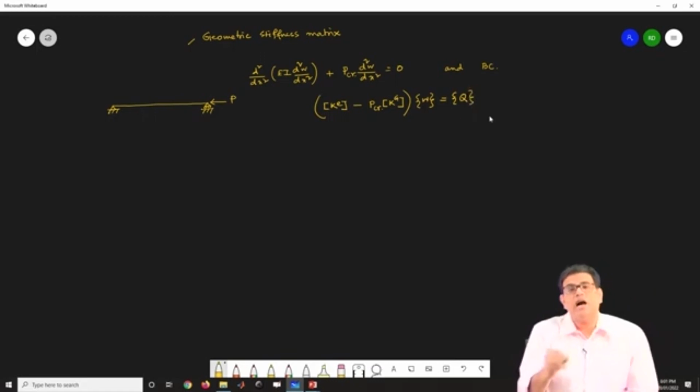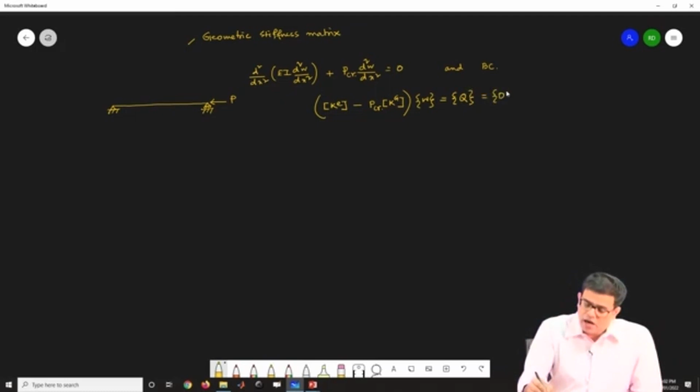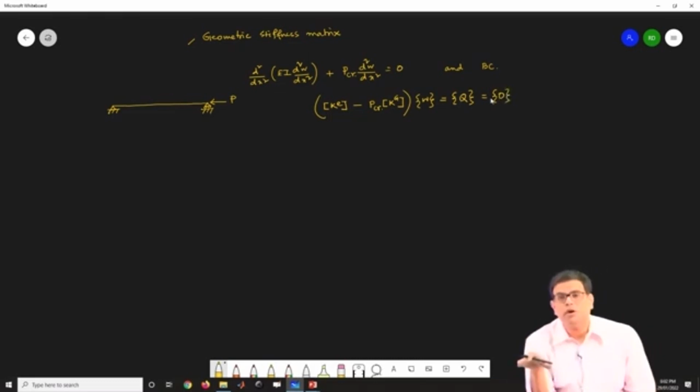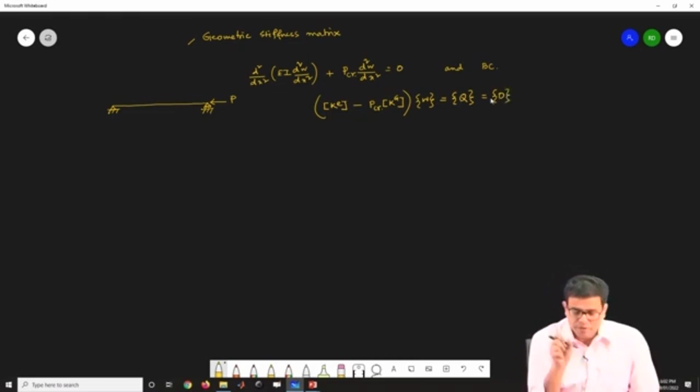So, this is the eigenvalue problem. Here obviously the force term will be 0, because we are doing an eigenvalue problem. So, simple problem and simple beam.